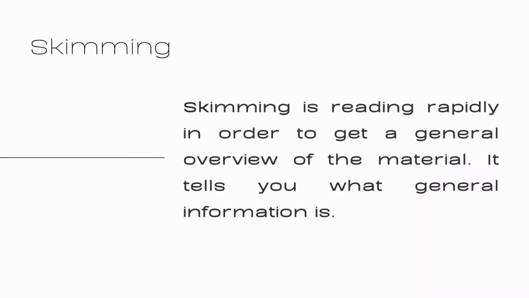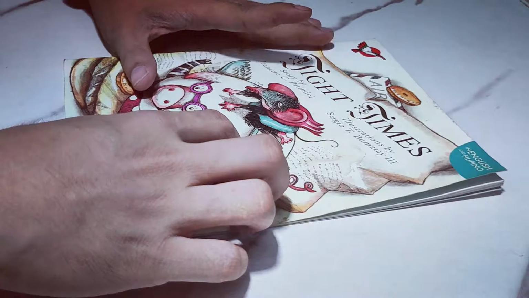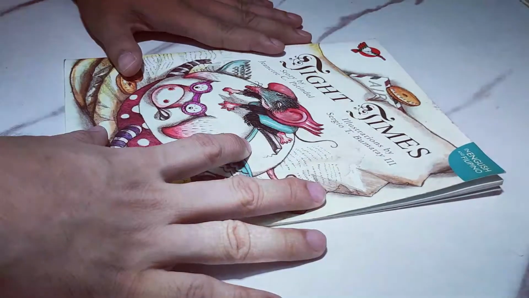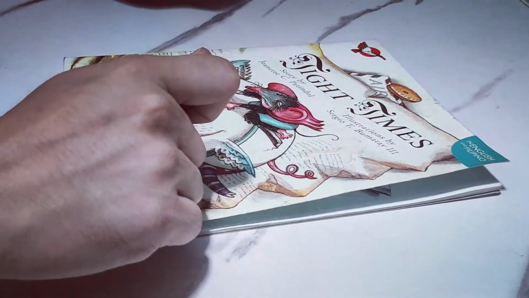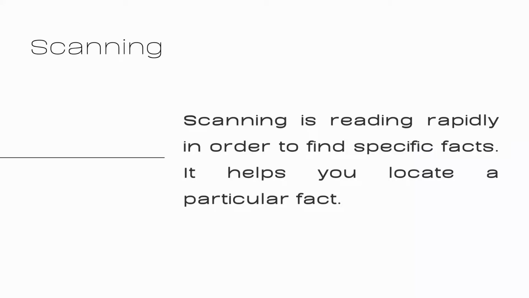Skimming is reading rapidly in order to get a general overview of the material. So you want to get the big idea of the material, so you want to skim, all right? Now, scanning, on the other hand, is reading rapidly in order to find specific facts.